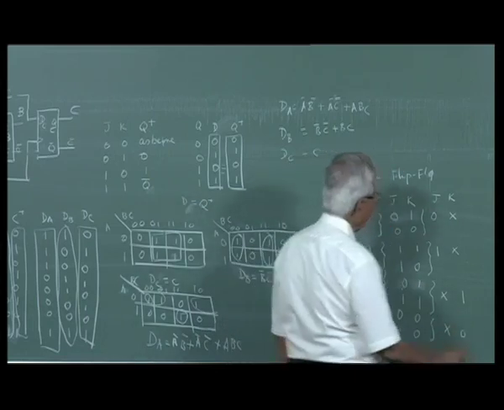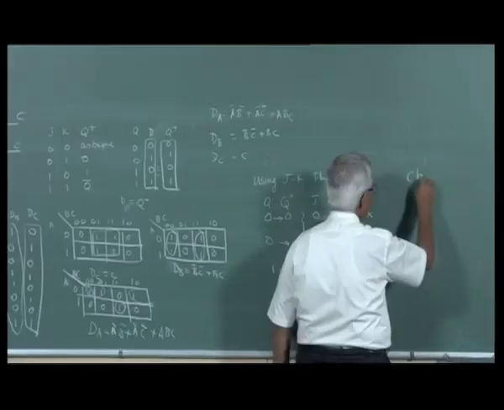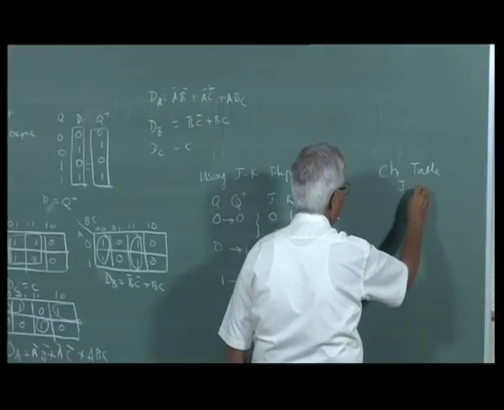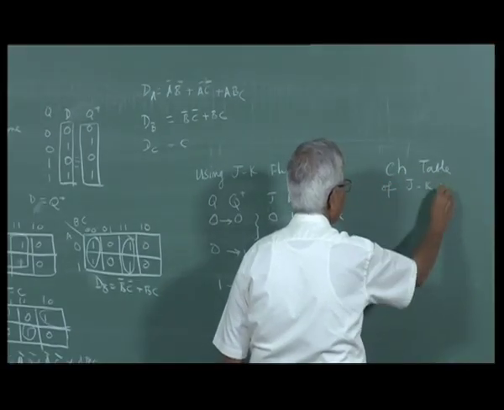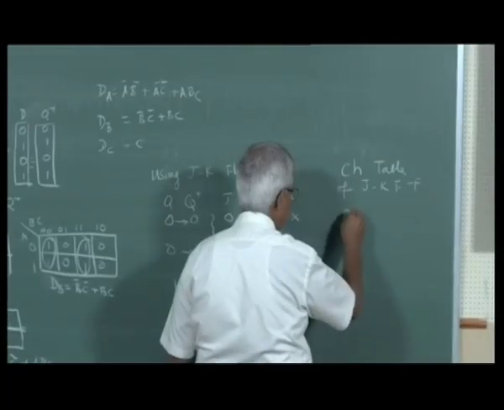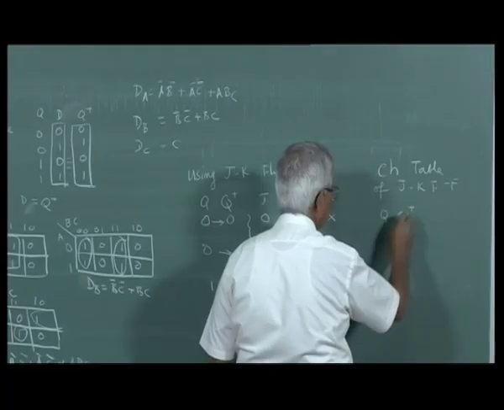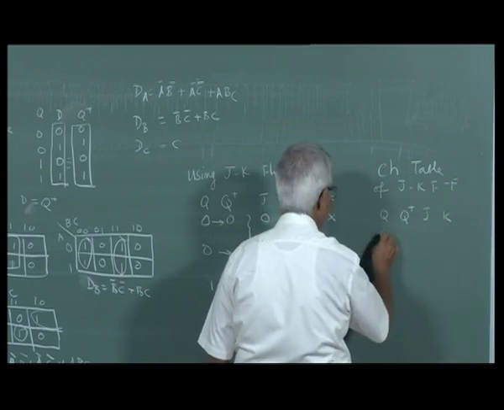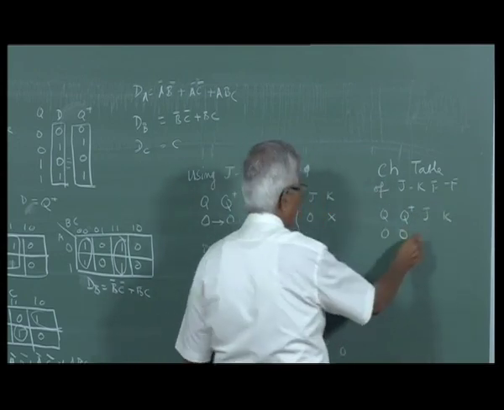So, a simplified characteristic table of JK flip flop is the present state and next state. Present state is 0, next state is 0.